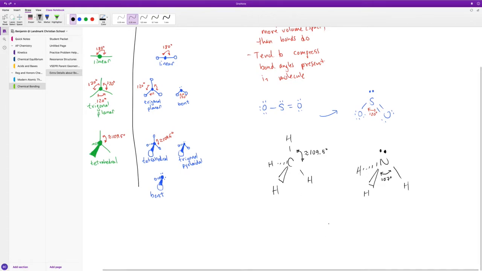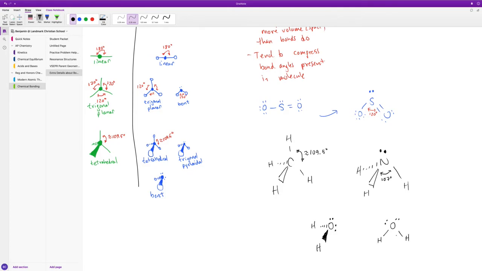And so you could draw its Lewis structure, or at least its shape, kind of like that. But it's a little bit easier to see the bond angle when we put it on its side like this.